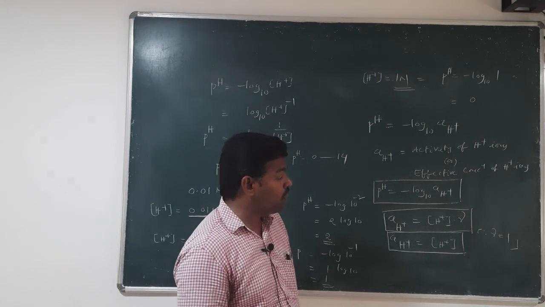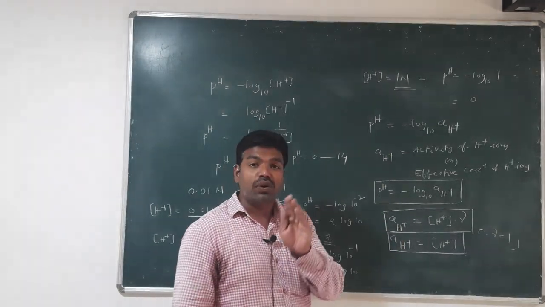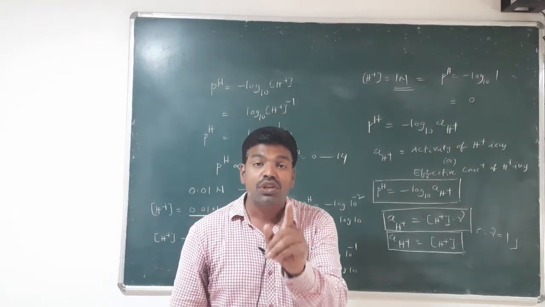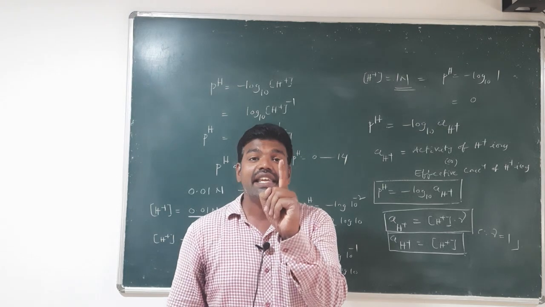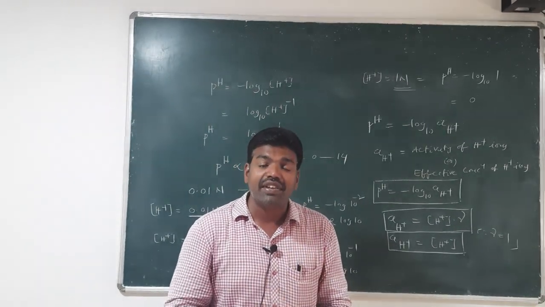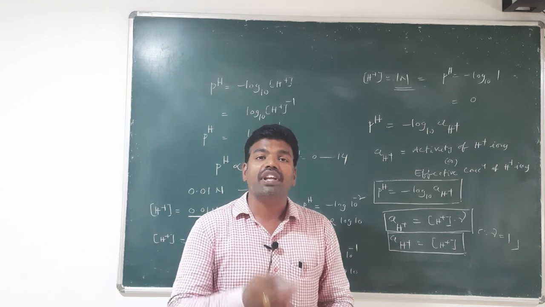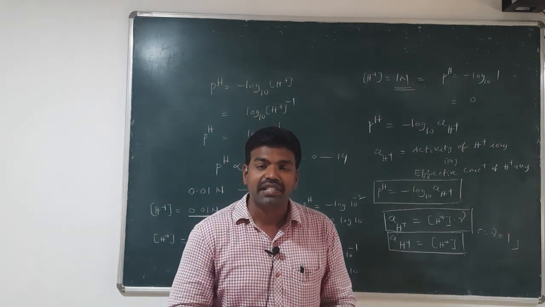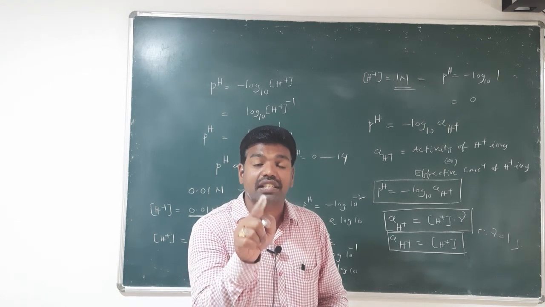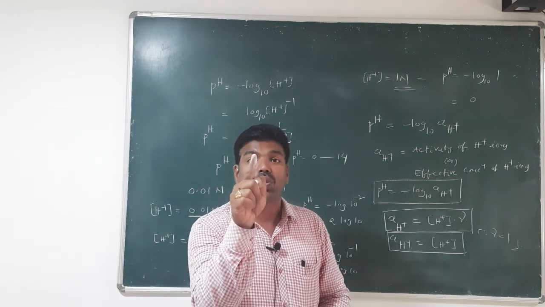So if you want to calculate the pH of concentrated solutions, you should measure the activity of H plus ions. How can we measure the activity of H plus ions? We can measure the activity of H plus ions by multiplying the actual concentration of H plus ions with the activity coefficient.